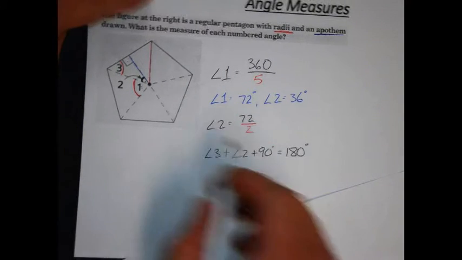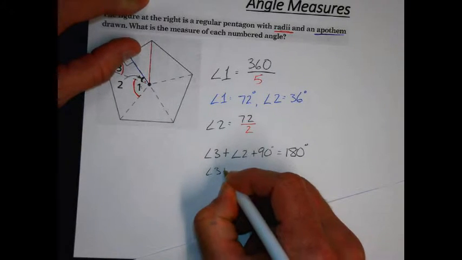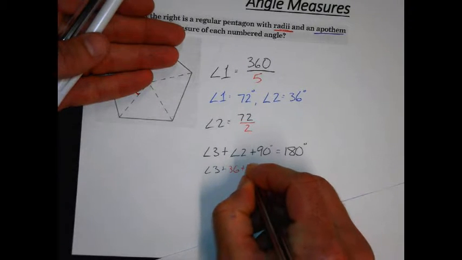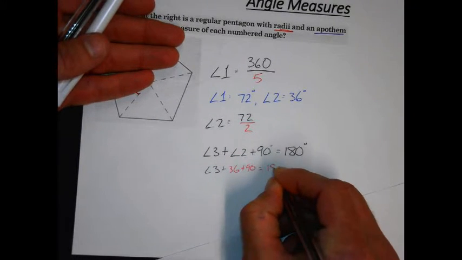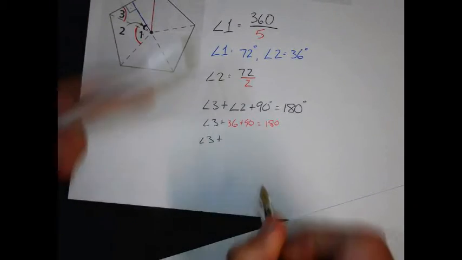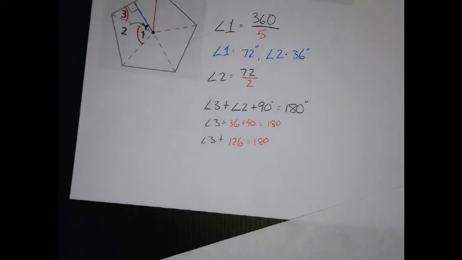We know that angle 2 is 36. So if we have angle 3 plus 36 plus 90, and that equals 180, we can add 36 and 90. And so we have angle 3 plus 126 equaling 180. Then we just subtract 126 from both sides.